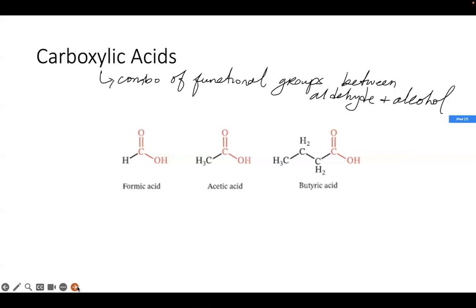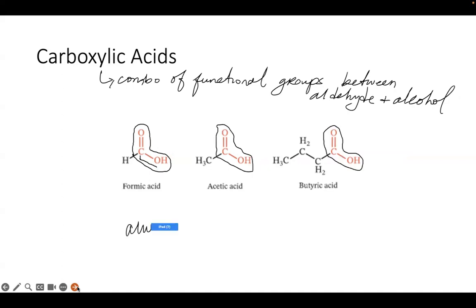So it has a carbon double bonded to an oxygen, also bonded to an alcohol or an OH group. All right, so in red here, these are carboxylic acids. It will also always fall on a terminal carbon.